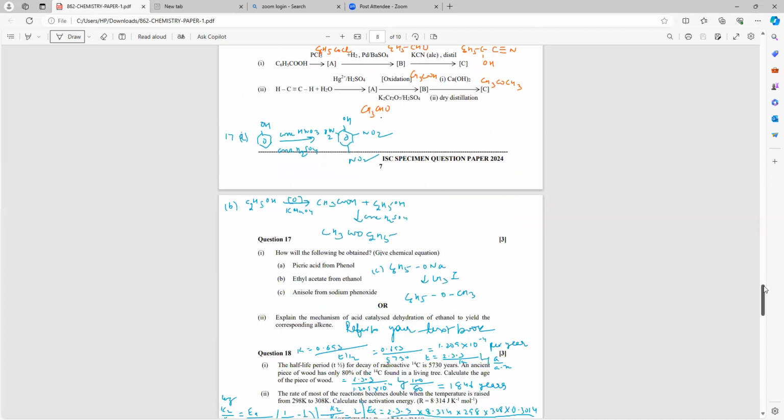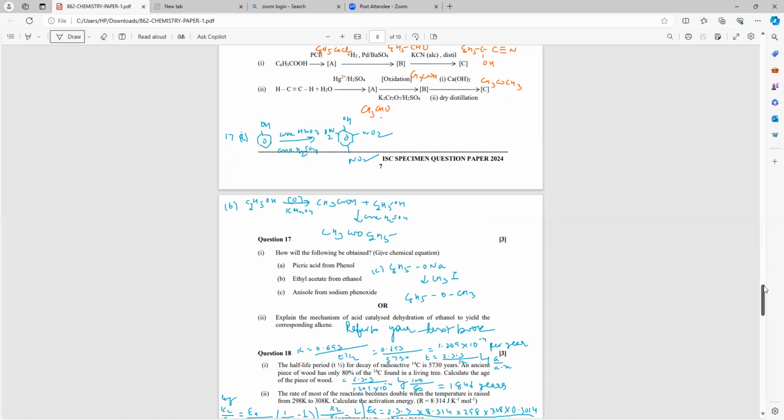Then comes question number 17. The first part I have solved on page number 7. You can see phenol, when treated with conc HNO3 in presence of conc H2SO4, will form picric acid. The IUPAC name will be 2,4,6-trinitrophenol. B, ethyl acetate from ethanol.